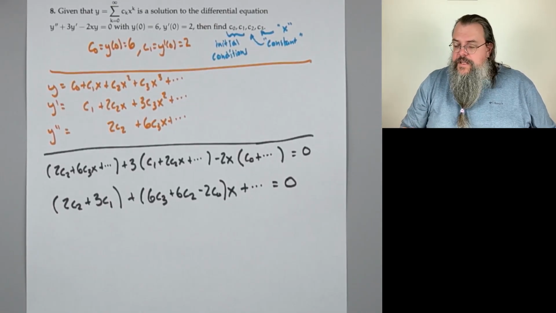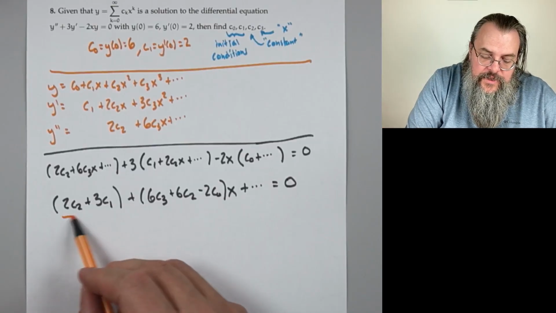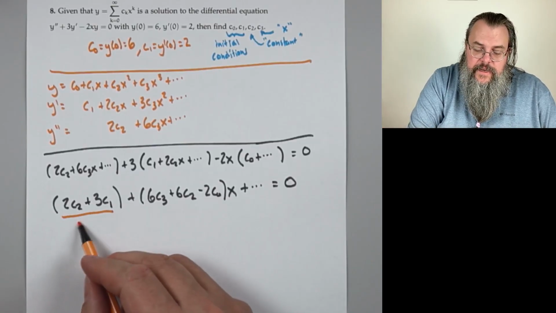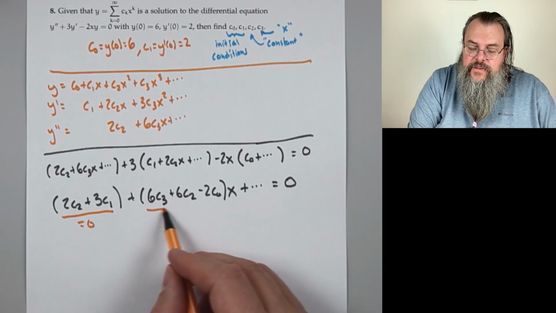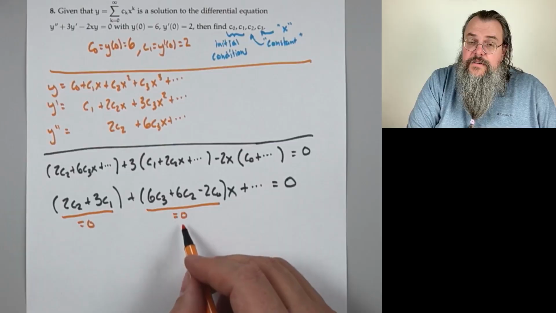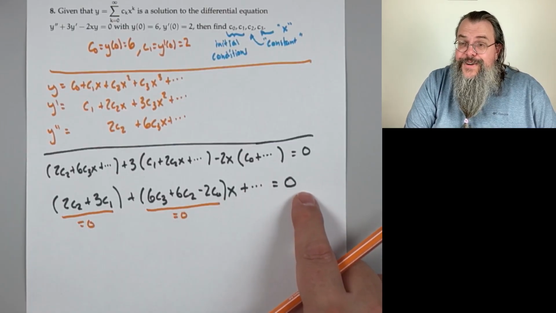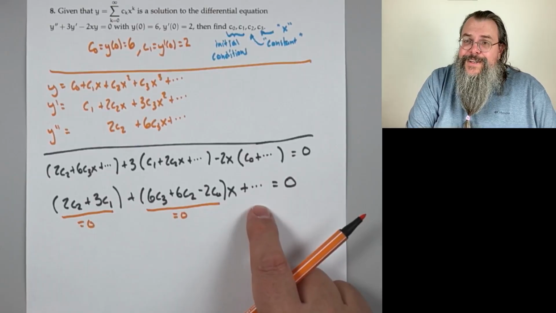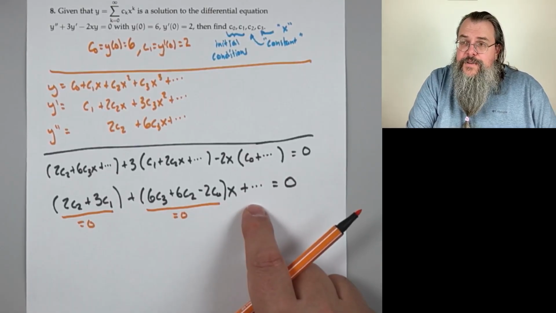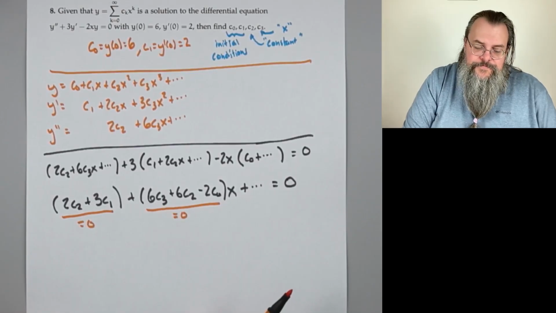Why? Well, because I have two pieces of information. I know that 2c2 plus 3c1 has to equal 0, and I know 6c3 plus 6c2 minus 2c0 has to equal 0. And how do I know that? Because I have to end up with 0. I have a big polynomial. The only way a big polynomial can equal 0 is if everything is 0. So that's how I know these pieces are 0.